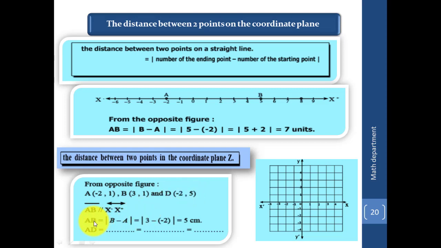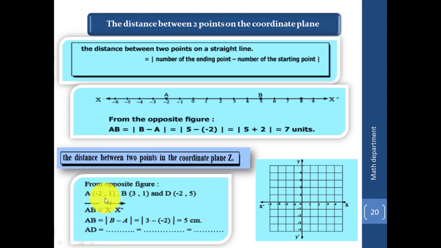Find AB. AB equals B minus A. Look here: A equals negative 2 and 1, B equals 3 and 1. The 2 points must have the same coordinate, either the same number of x or the same number of y.